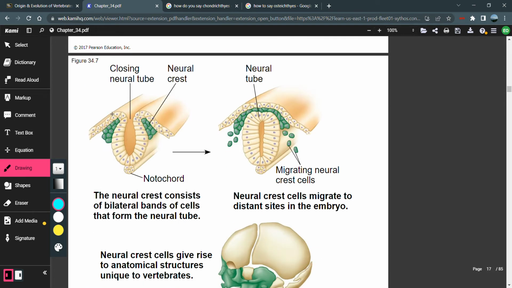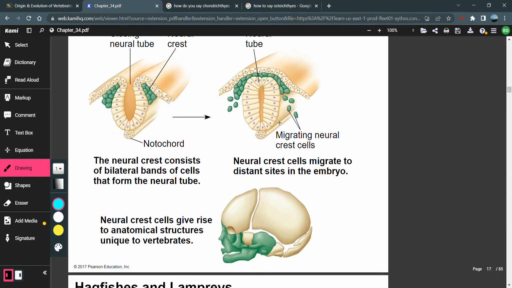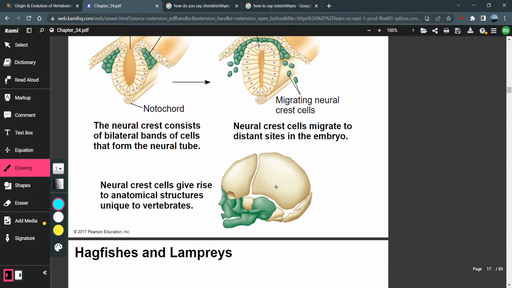So the neural crest: here is our notochord, and here is our neural tube. So when this neural tube closes, these migrating neural crest cells will migrate to different parts of the body or to different sites of the embryo and form anatomical structures unique to vertebrates.